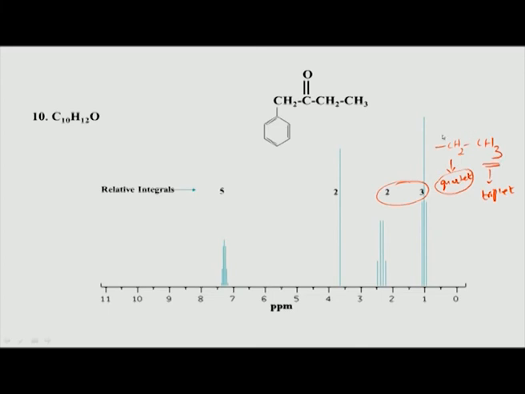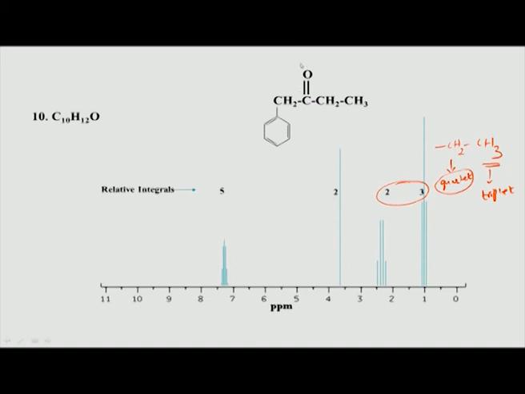So, 3 plus 1 plus 1, you would expect a quintet for this. So, if you are getting a quartet, it means that there is no hydrogen coupled on this side. That is only possible if there is a group like this, and if it is not an oxygen, it is a carbonyl group, a ketone group, because that will not downfield shift this so much. So, it comes around 2.5 ppm.